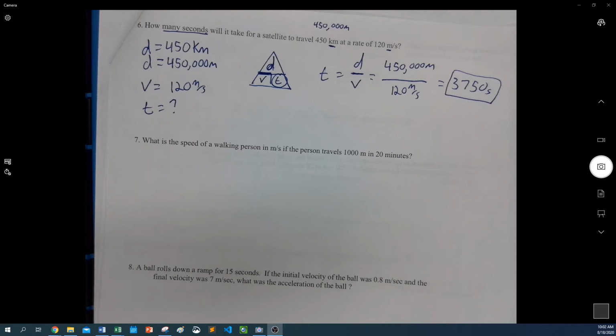By the way, who does not know how to convert minutes into seconds? Because I had people last year not know how to do that. They couldn't tell me how many seconds were in 2 minutes.